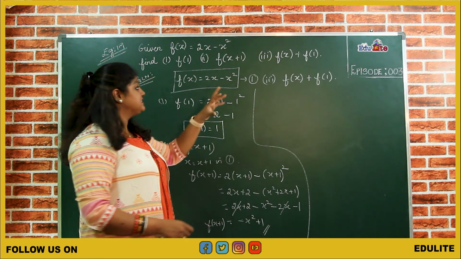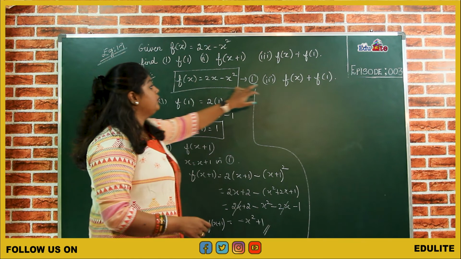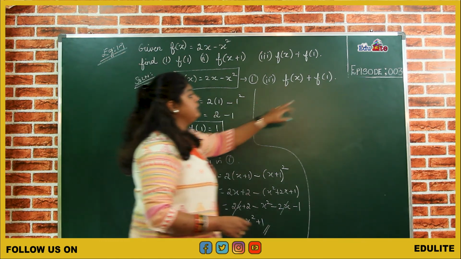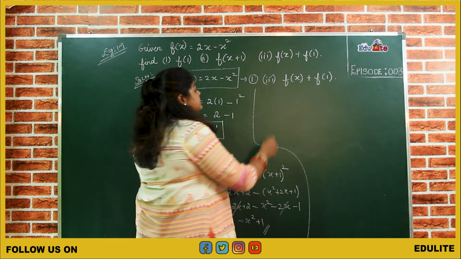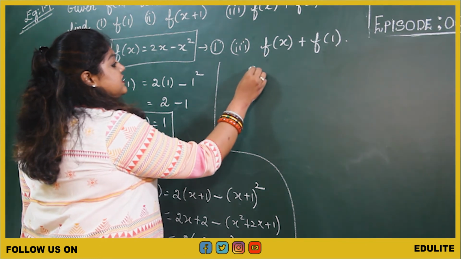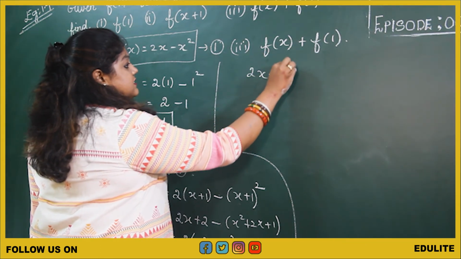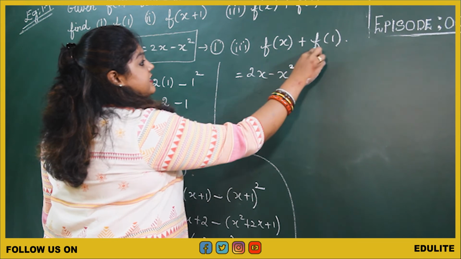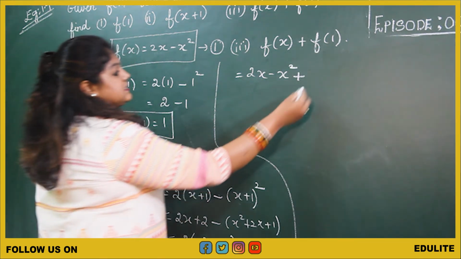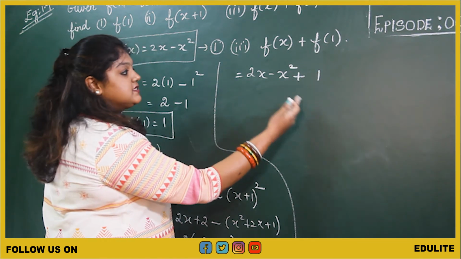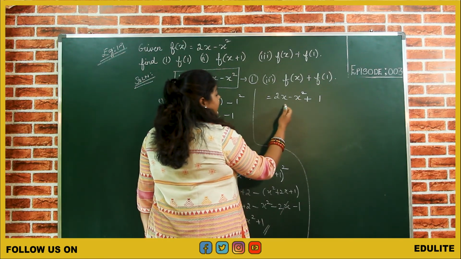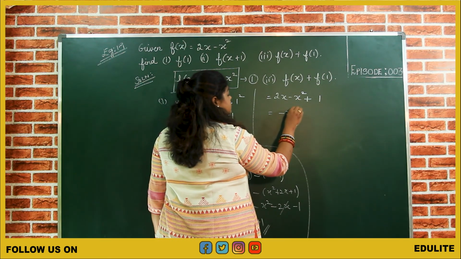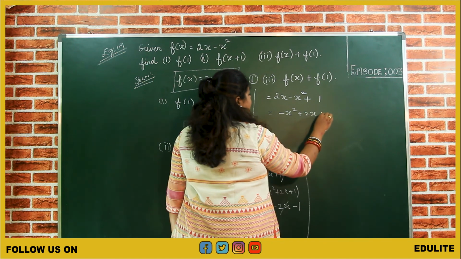So, we can directly substitute this f of x value in this place and f of 1 value in this place and simplify. So, what is f of x? It is 2x minus x squared plus, what is f of 1? We got the value as 1. So, rearranging this in powers of x, we will get minus x square plus 2x plus 1.